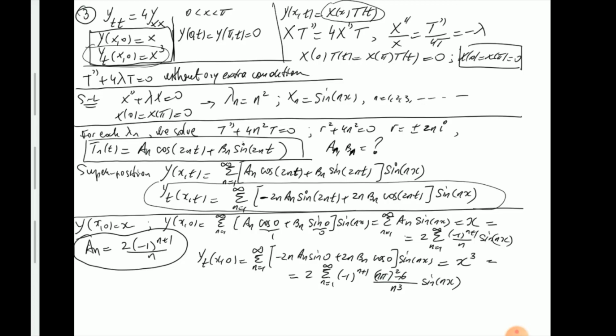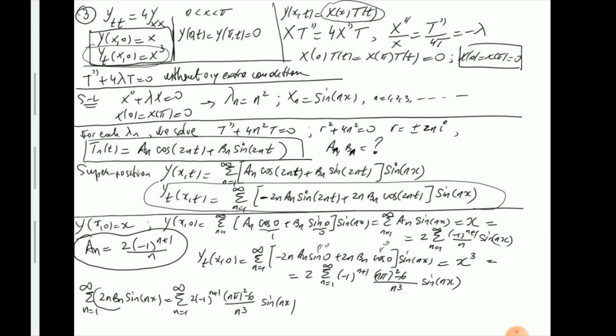All right, so pay close attention here because that's a common mistake at the end of the problem. So the left side of this summation, because again sine of 0 is 0, cosine of 0 is 1, what we have basically when we match these series is on the left 2n bn sine of nx, which matches on the right hand side that series. Let's bring the 2 inside. So you have 2 times minus 1 to the n plus 1 times n pi squared minus 6, over n cubed, sine of nx.